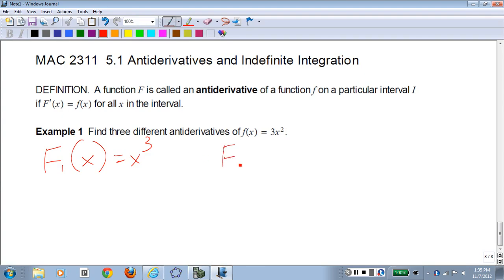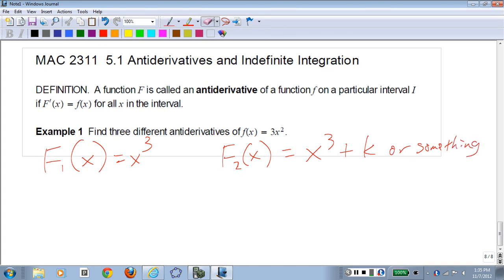X cubed plus anything, like a constant. So F sub 2 of x equals x cubed plus k or something. A constant, something not x.